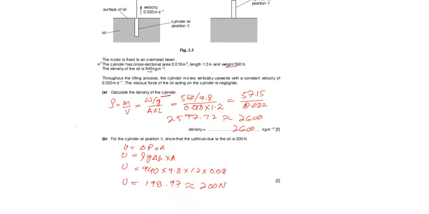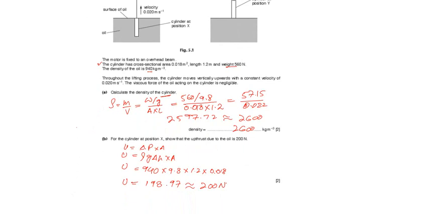U is the difference in pressure times the cross-section area, which is rho g delta h, where delta h is the length of the cylinder, times A, the cross-section area of the cylinder, and 940 is the liquid density. So we will get 198.97, approximately 200 Newton. Hence proved.